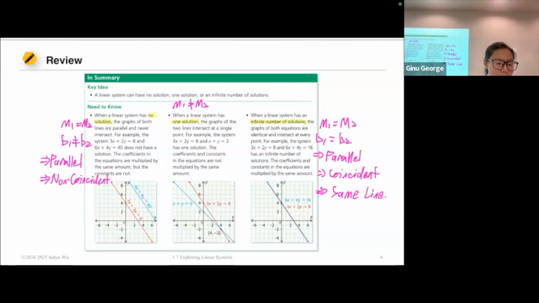So those are just the conclusions, or the graphs, for each of the linear systems here. And those are the only 3 cases for linear systems.